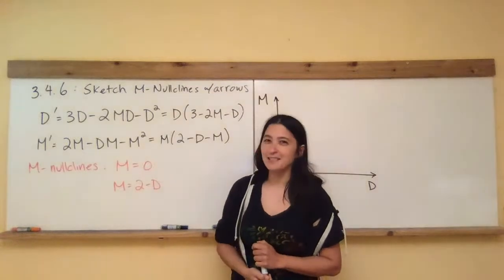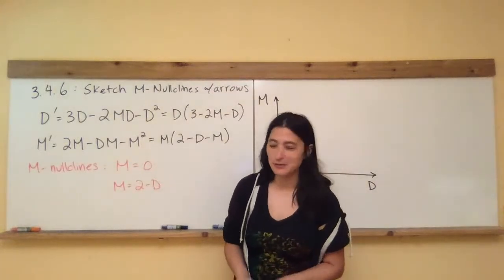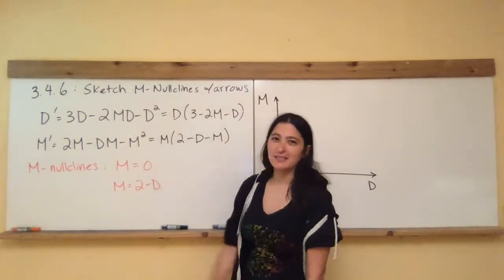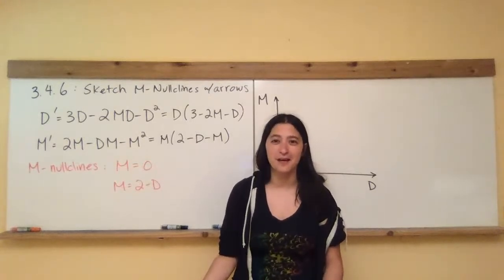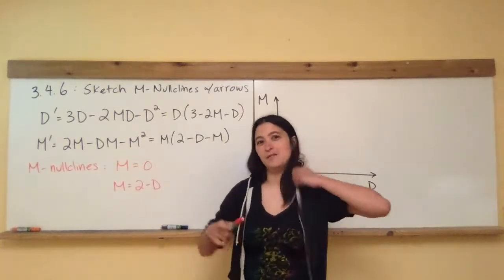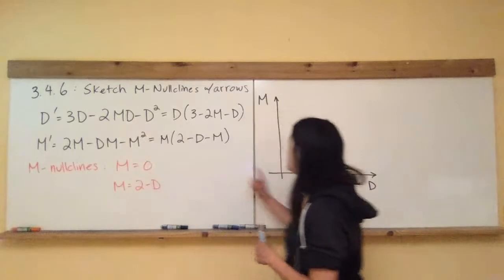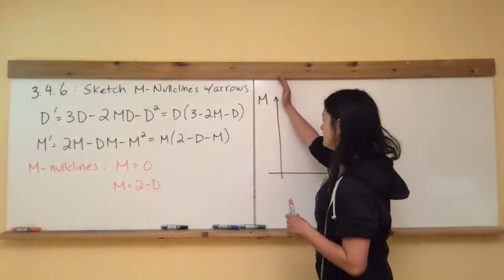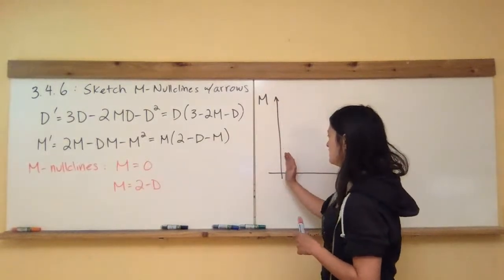It's true, sometimes I get confused when it says M is equal to 0. Is that a vertical line or a horizontal line? So let's double check and make sure that we get that part right. M is the vertical axis here, right?